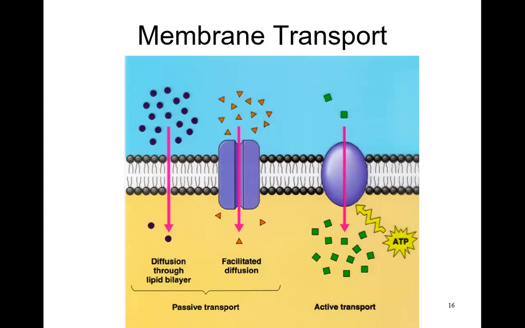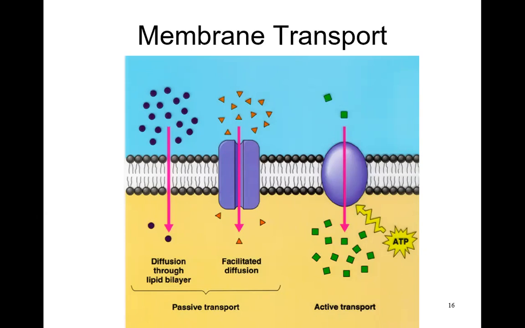Water won't go through an oily layer. But we have channels in the membrane that allow water to go through. It's sort of like a tunnel or a pipe through the membrane. Water gets in. Doesn't cost anything. We call it facilitated diffusion. We help water get into the cell through these channels.